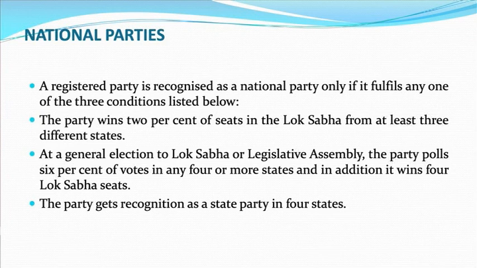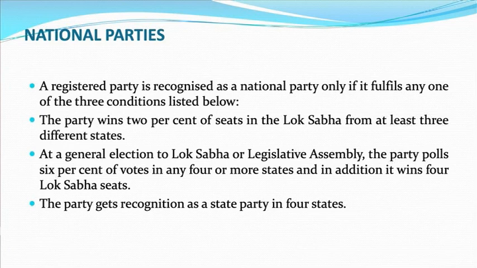One is that the party wins 2% of seats in the Lok Sabha from at least 3 different states. Another one is that at a general election to Lok Sabha, or for that matter Legislative Assembly, the party polls 6% of votes in any 4 or more states, and in addition it wins 4 Lok Sabha seats.